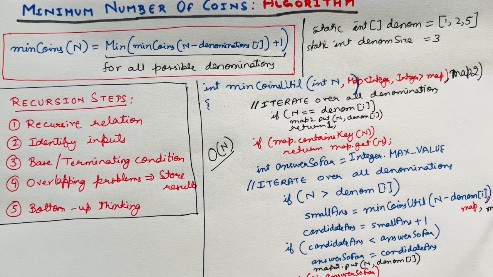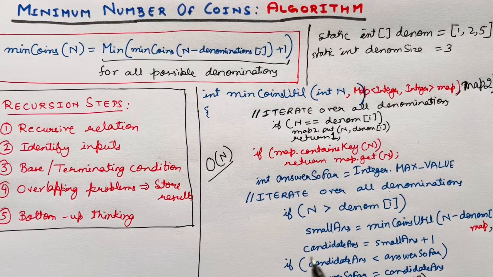Now we need to think about the bottom-up approach for this problem. But why do we need to think about the bottom-up approach itself? Is there a problem in the top-down dynamic programming? The problem is that this approach uses recursion, and therefore there are a lot of method calls. And every method call occupies some space in the memory.